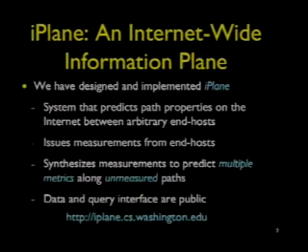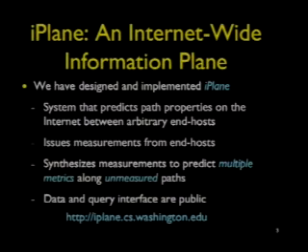So to address this problem, given these challenges, we have built this system called iPlane. In a nutshell, it predicts path properties on the internet between any arbitrary source and any arbitrary destination. The way we do so is we have control over a bunch of vantage points around the internet from which we continually issue measurements.